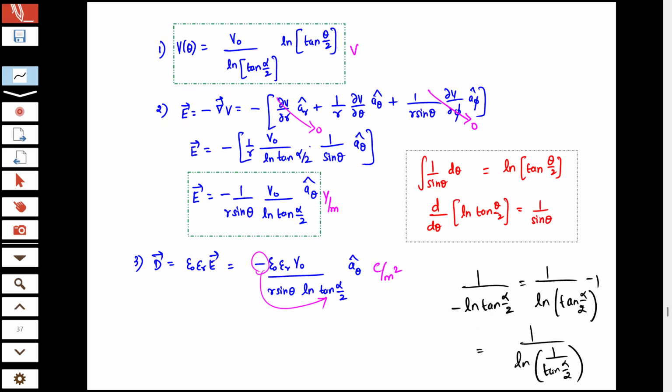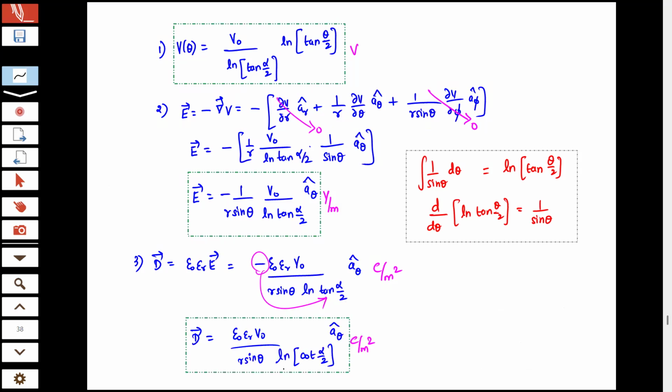Now this 1 by tan can be written as cot. So thereby we will be getting 1 by logarithm cot alpha by 2, which is going to be here in the denominator. So when we bring the negative sign to the denominator for logarithm of tan alpha by 2, we will get logarithm of cot alpha by 2 in the denominator.